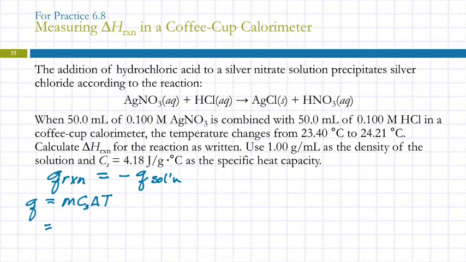So what's the total volume in the calorimeter? What's 50 plus 50? You can do it. 100, right? I'm not trying to trick you here. So our volume is 100.0 milliliters.